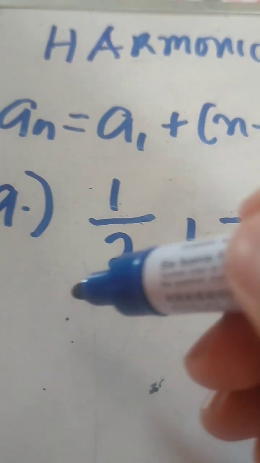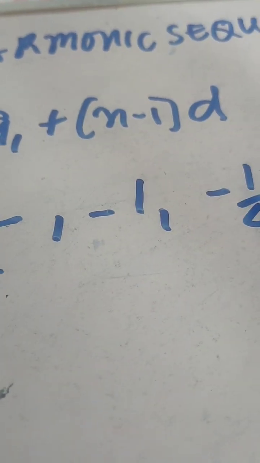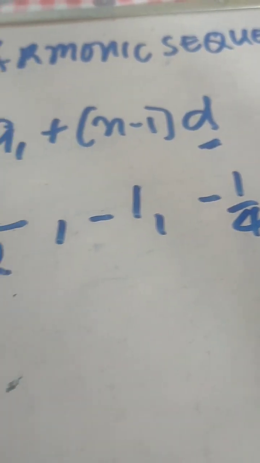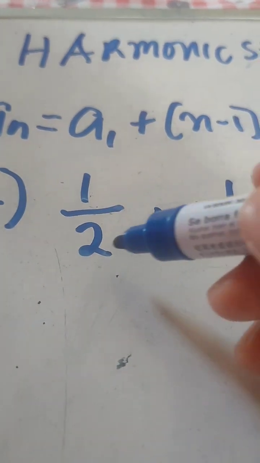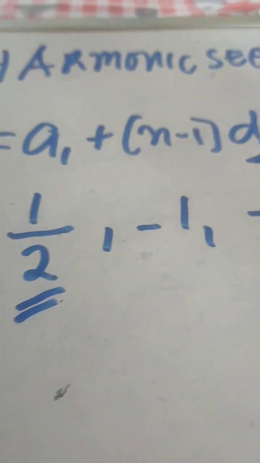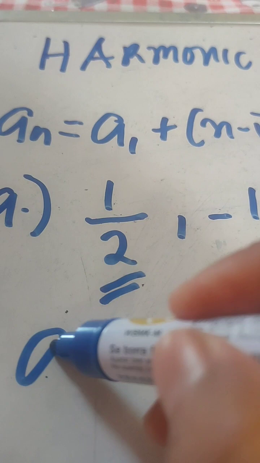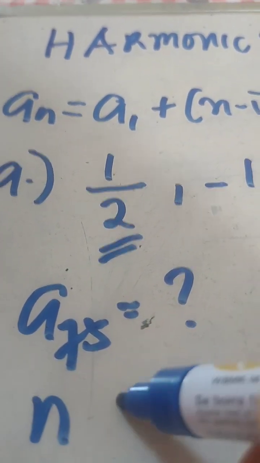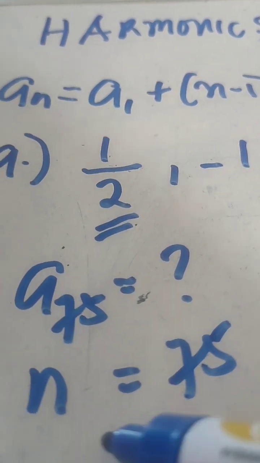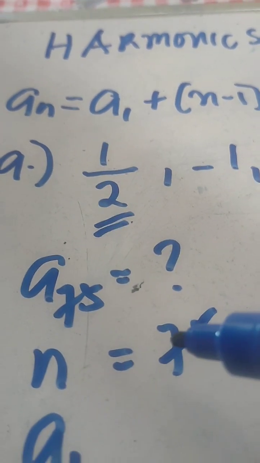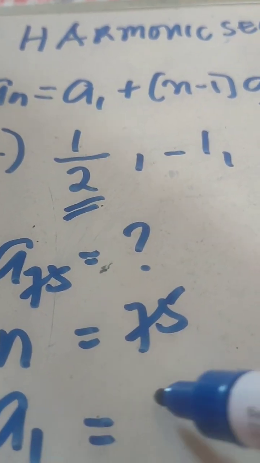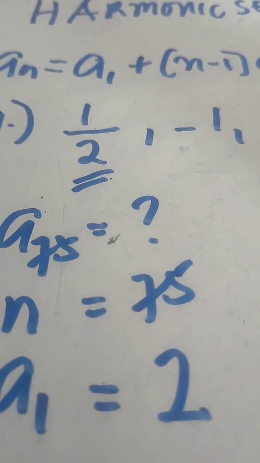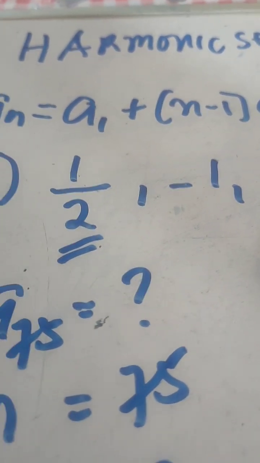So the first thing is to find the common difference, because d is not given, but we have our first term, a sub 1, and we are looking for the 75th term. So a sub 75 is our required, and our n is 75. For a sub 1, find the reciprocal of 1/2, which is 2. Now you are ready to solve for your d.